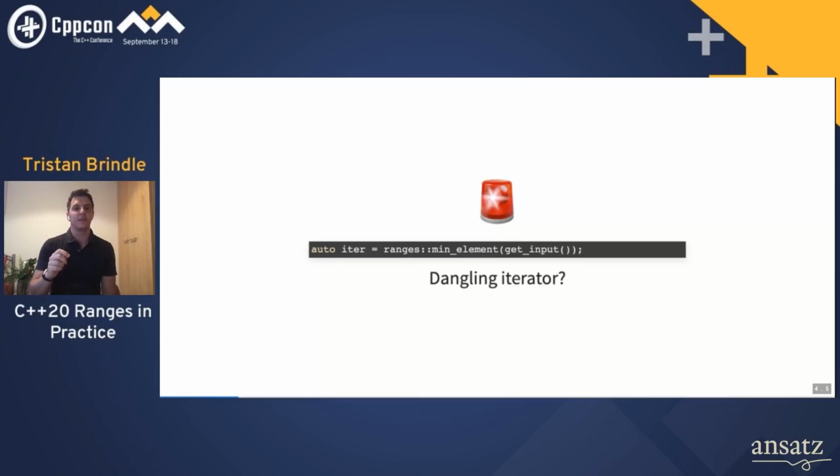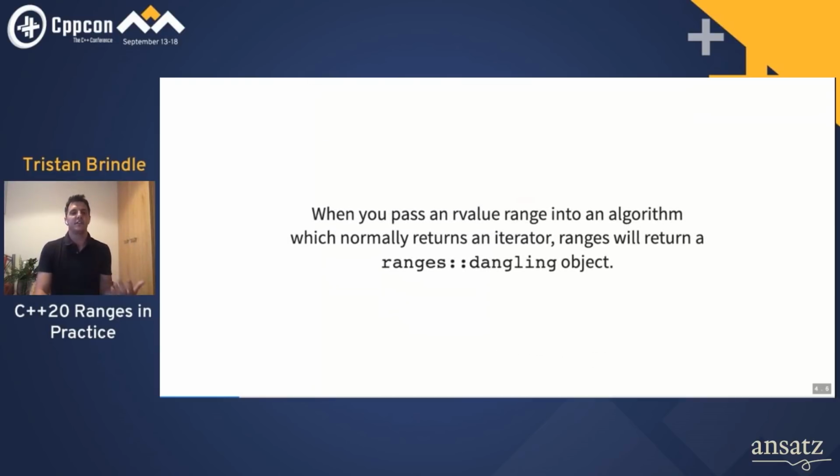Because ranges does something really clever. What happens in this situation is that when you pass an rvalue container into an algorithm like min_element that returns an iterator, or would normally return an iterator, what ranges does is it changes the return type so that instead of returning an iterator, it returns an object of type ranges::dangling.